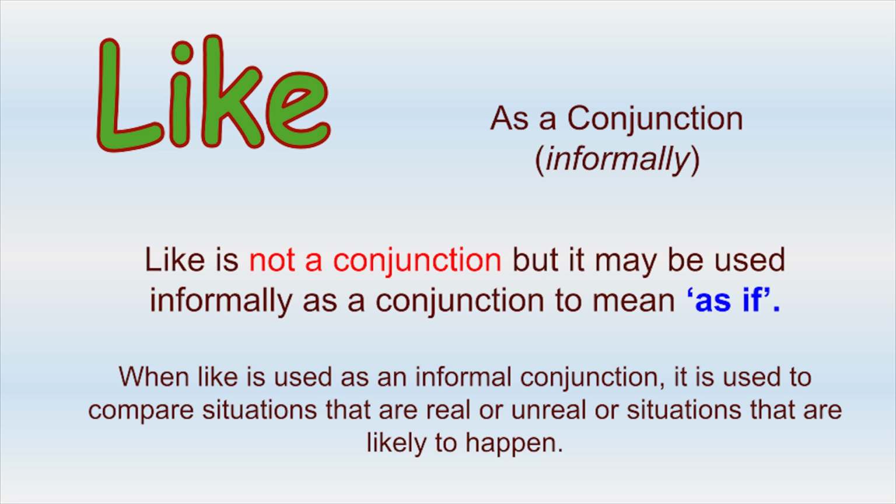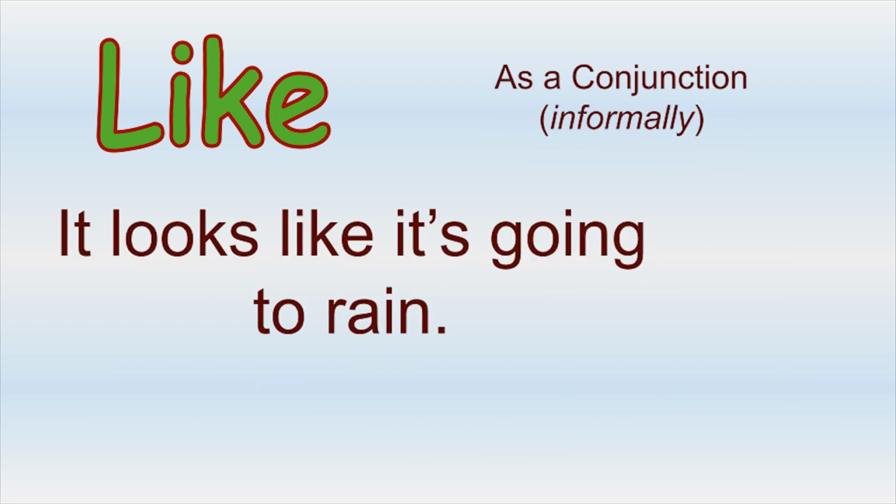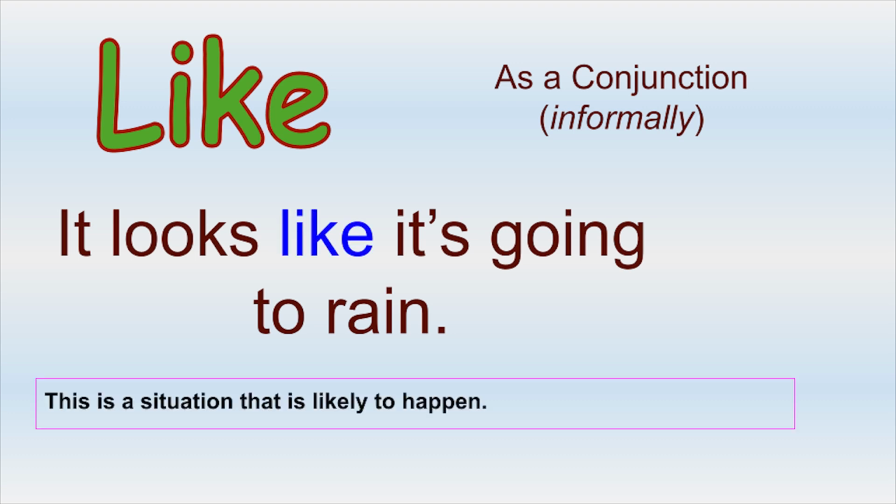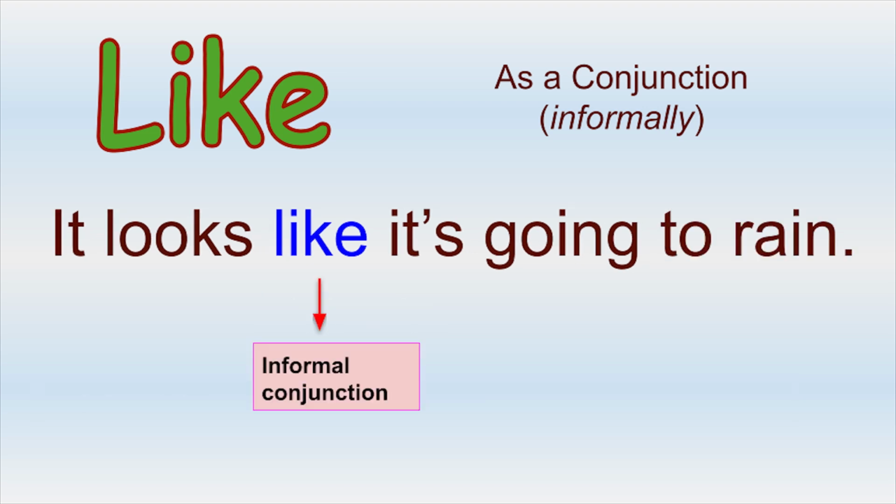For example, it looks like it's going to rain. This is a situation that is likely to happen. In this use, like is used as a conjunction informally, followed by a complete clause with a subject and a verb. It's going to rain.